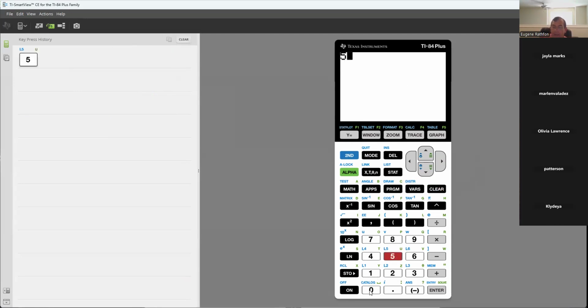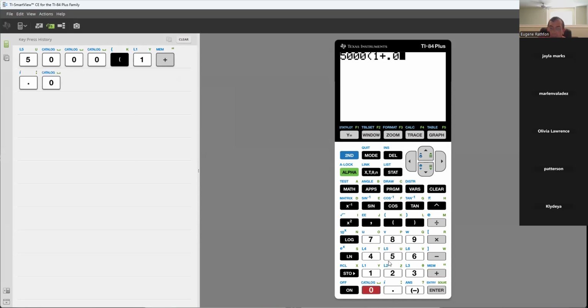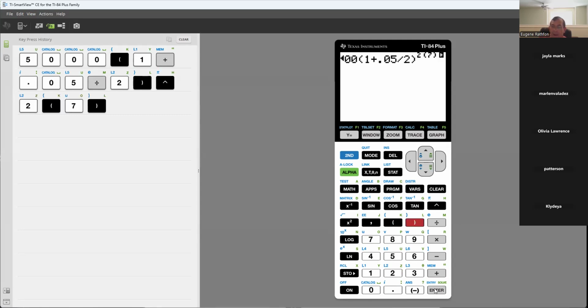So we had 5,000, parentheses, 1 plus, what'd y'all say, 0.05 divided by 2, close parentheses, and then our exponent was 2 times 7 years. All right, now she started with 5,000, so it better go up. So hit enter.